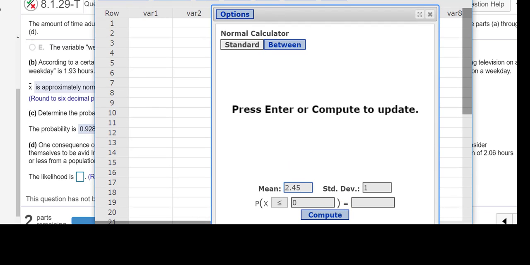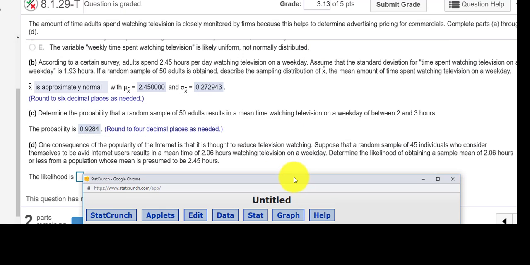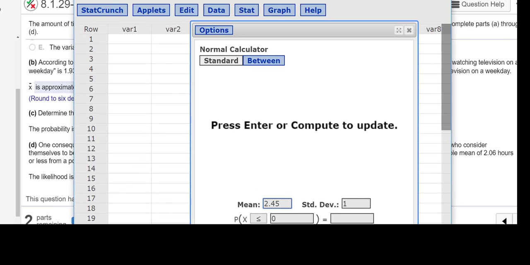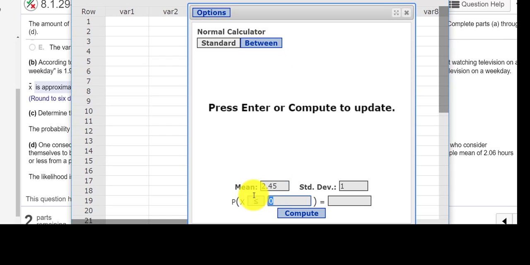And we want to determine the probability or the likelihood that the mean time for this sample, this internet users group, was 2.06 hours or less. So I need to put in 2.06, and then this is or less, right? So the x, the mean, is going to be less than or equal to 2.06.